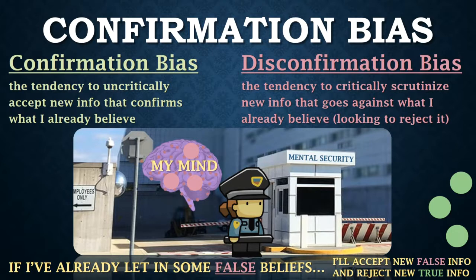I think sports fans are particularly good, not good in a positive way, but particularly prone to confirmation bias and disconfirmation bias. Talk to any fan of a professional sports team about their chances of winning it all this year, and they'll just interpret everything in some sort of positive way for their team, saying like, yeah, I know we've lost the last 4 games.